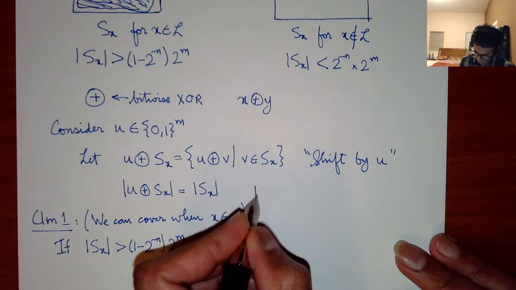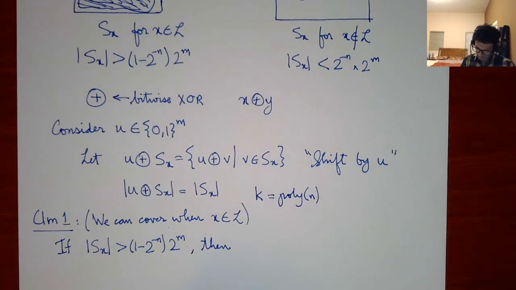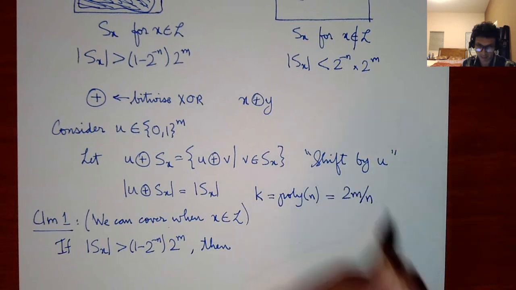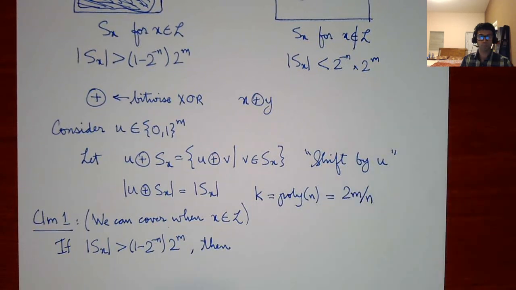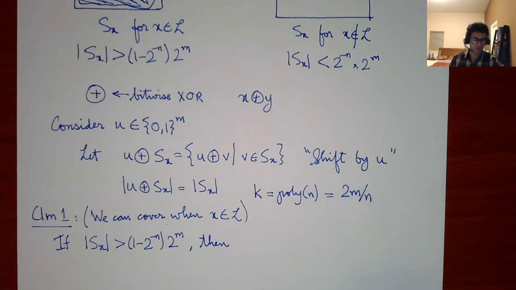I'll tell you what k is later on. So k is just going to be some polynomial in n. Actually, I can even write it down here. It's going to be 2 times m divided by n, which is just some polynomial. Okay, that's what k is. And if m was smaller than n, then you just take the ceiling and you'll be fine. Or we can always assume that m is at least n. Just pad it with extra random bits so that it's at least of length n.